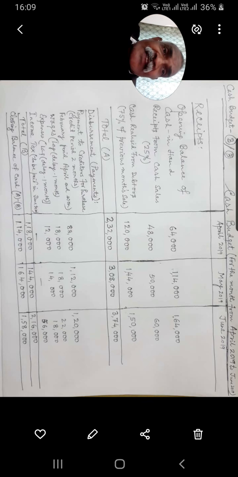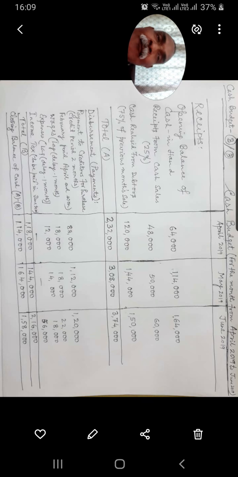It means 2 lakh 32,000 rupees came in your pocket. Out of 2 lakh 32,000 rupees, 1 lakh 18,000 you pay for some resources. Then the remaining cash in your pocket is 114,000, that is 1 lakh 14,000 rupees, which is your closing cash balance supposed to be in the month of April.